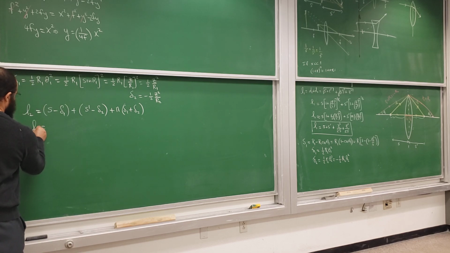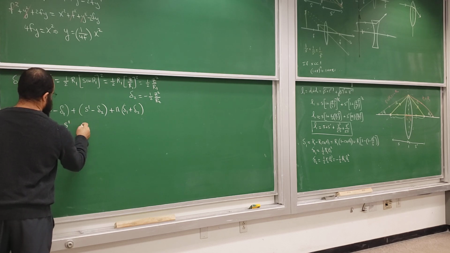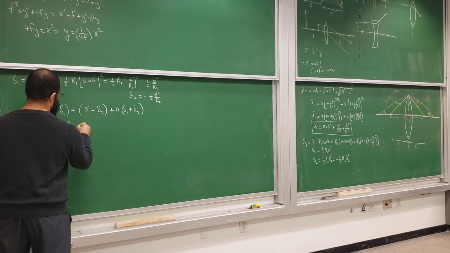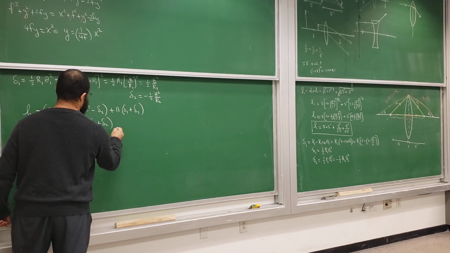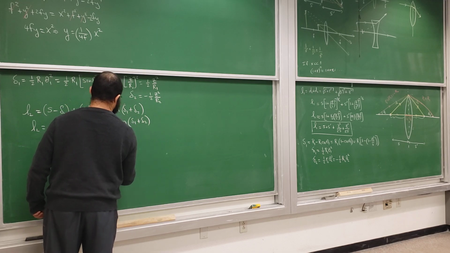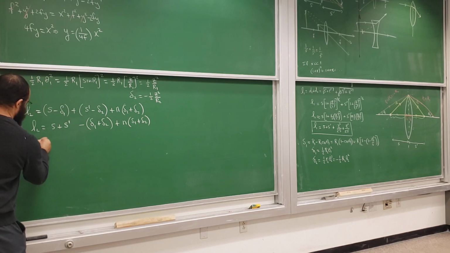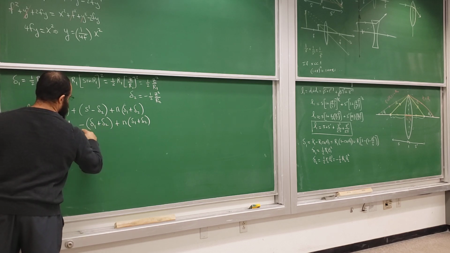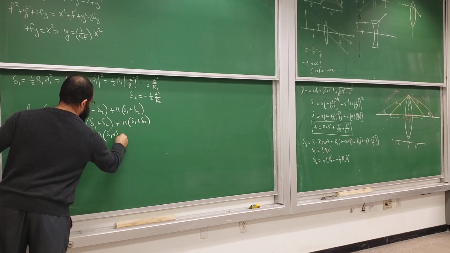So I get here L2 is s plus s prime minus delta 1 minus delta 2 plus n times delta 1 plus delta 2. If we factor, L2 will equal s plus s prime plus n minus 1 times delta 1 plus delta 2.